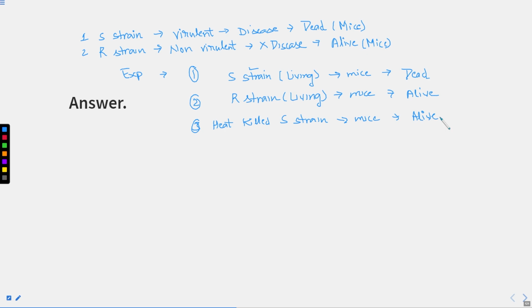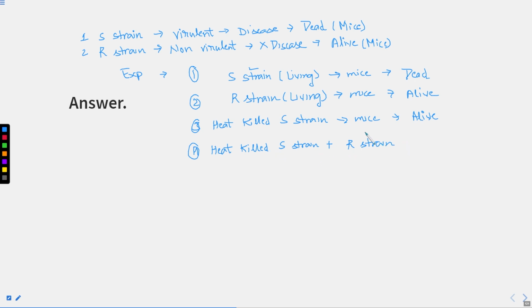Now, in the fourth experiment, he injected the mice with the heat killed S strain along with the living R strain.